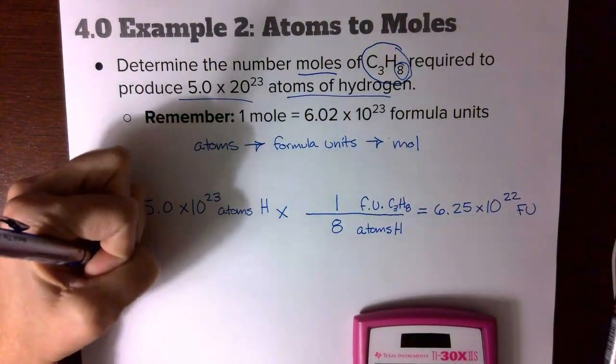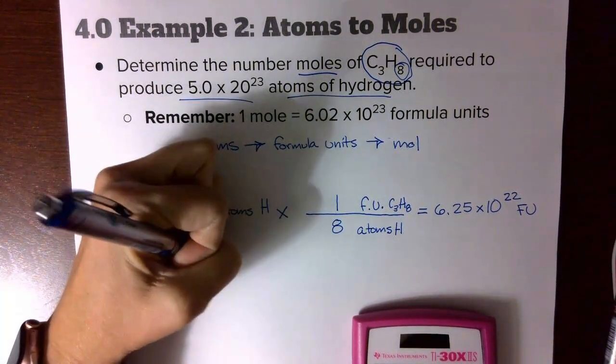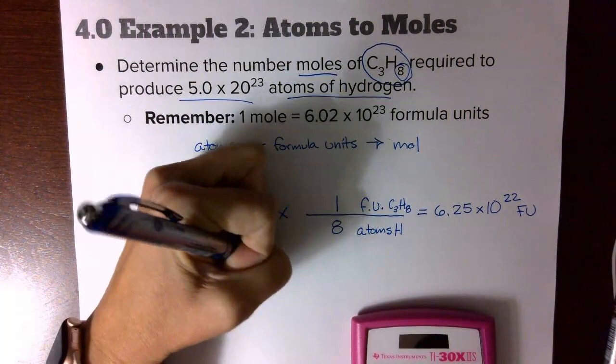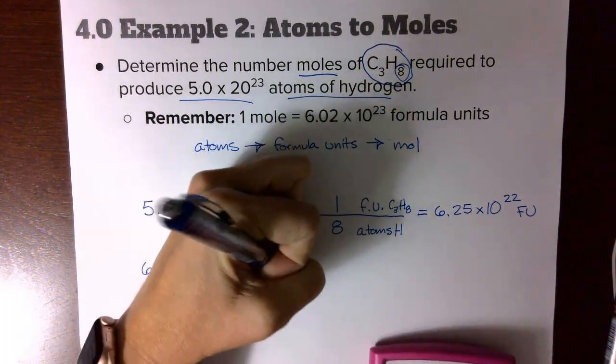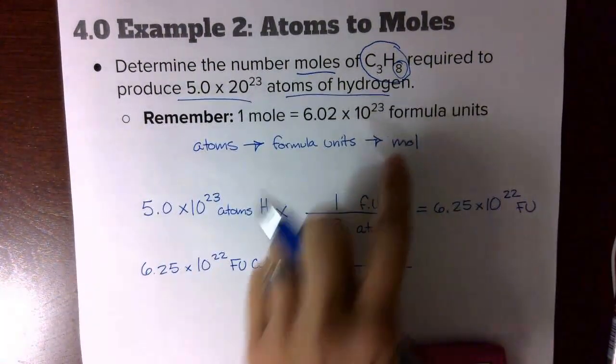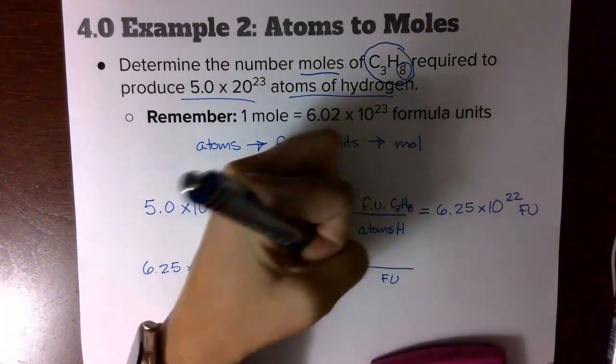So now I'm going to take this number, 6.25 times 10 to the 22nd formula units of C3H8, and now I want to go to moles. So I'm going to set up my times and a line again, and I'm going to go formula units to moles. I want formula units to go away, so I'm going to put formula units on the bottom.